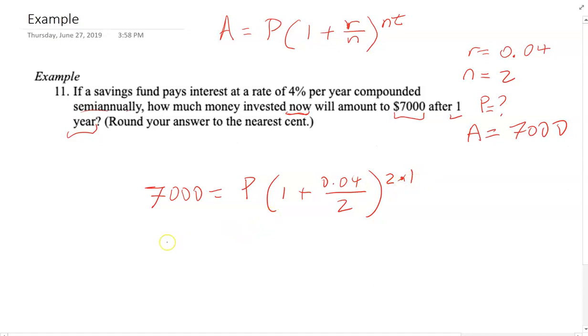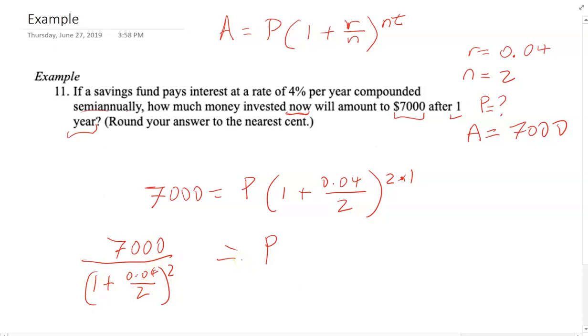if we want to find P, then we can divide both sides by 1 plus 0.04 over 2 raised to the 2. So P would be equal to 7,000 over 1 plus 0.04 over 2, all squared.